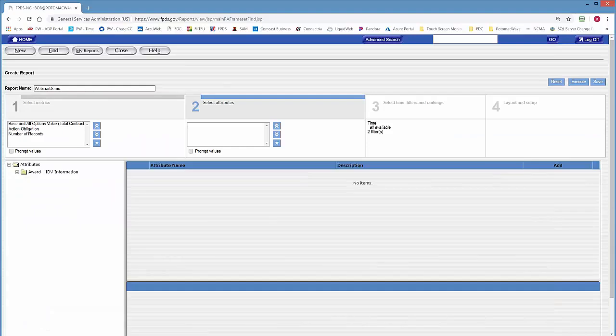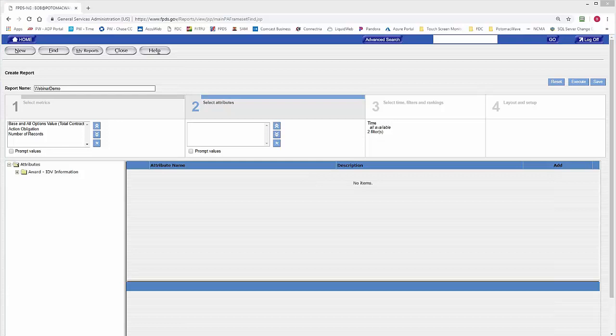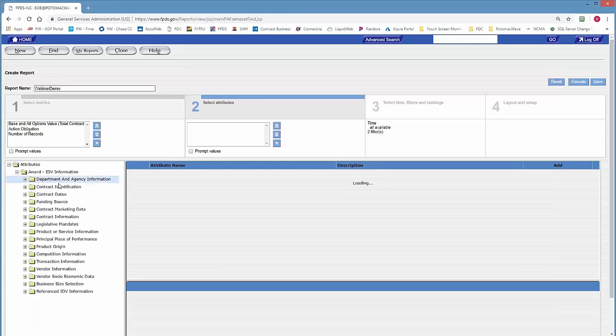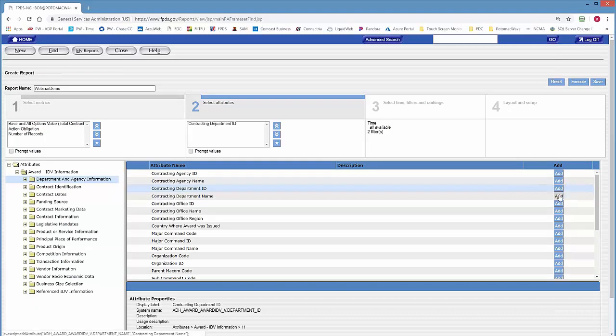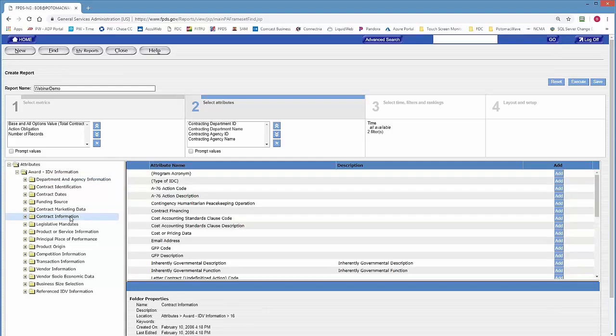Okay, so I've got the numbers I'm looking at. Now I want to break those numbers out by textual attributes, so it's based on option value by department, by product service scope. What I'm going to pick here is department ID and name, agency ID and name, and contract identification information.